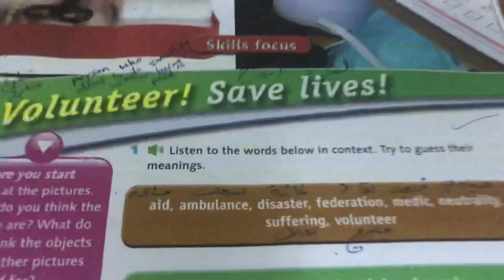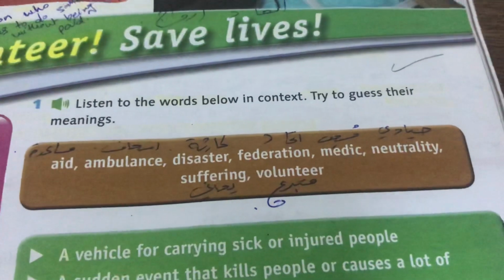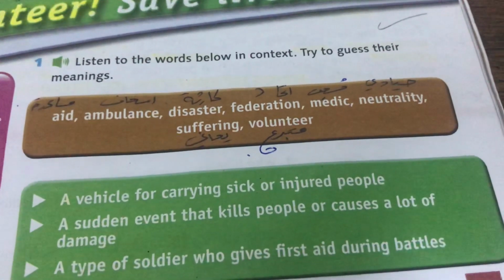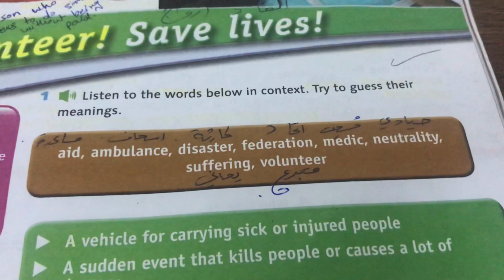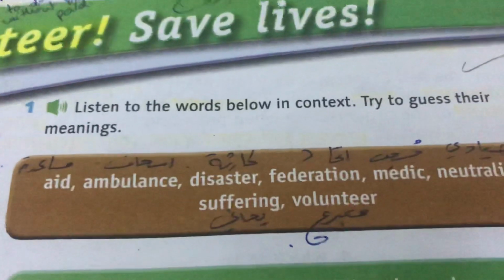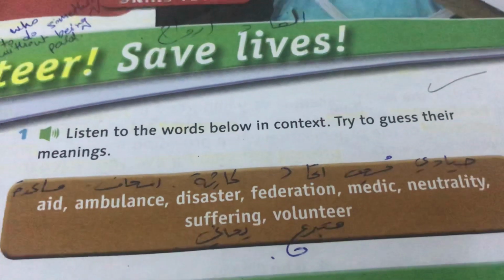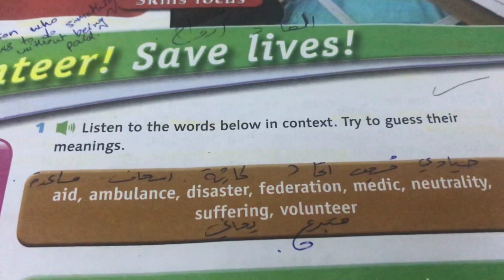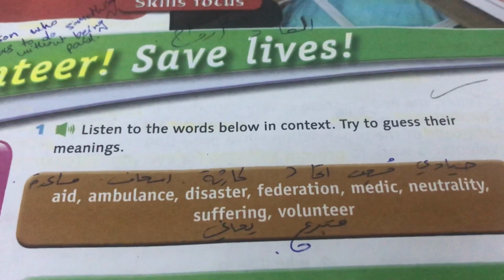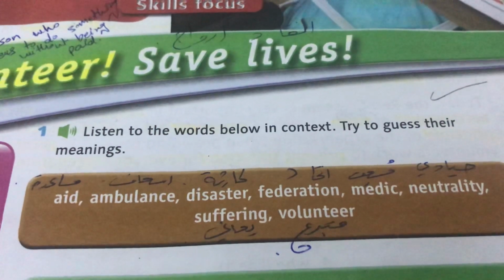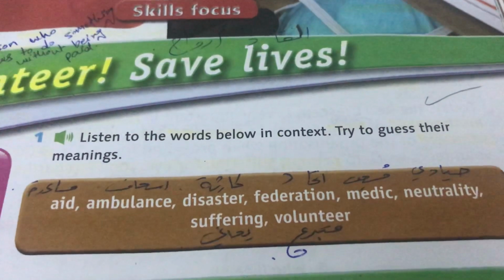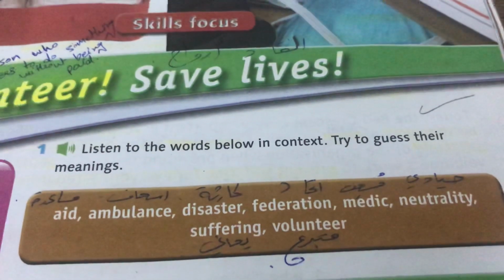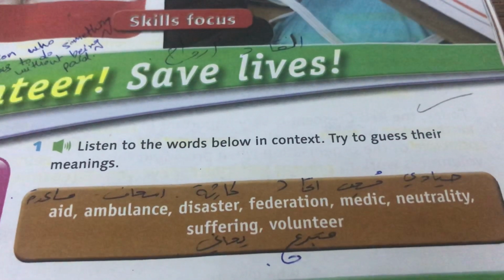Let's look now at our vocabulary box and know the meaning of every term in order to understand our text better. The first word here is aid, which means help. Ambulance, disaster, federation, which is the union, medic, neutrality, suffering, volunteer.